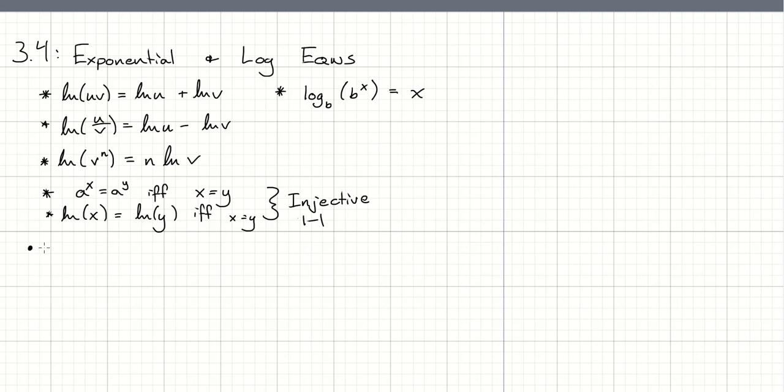So here we go. First one, we are going to be solving. How hardcore do we want it? Let's do some exponentials. And today is pretty much all examples. Solving exponential equations.